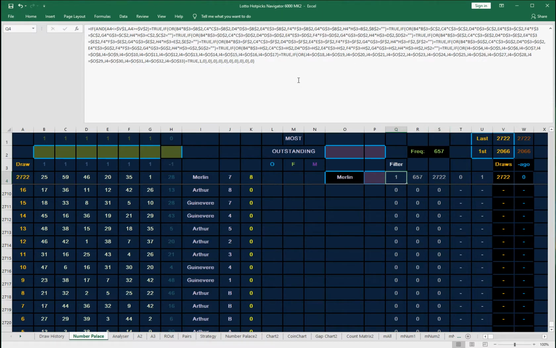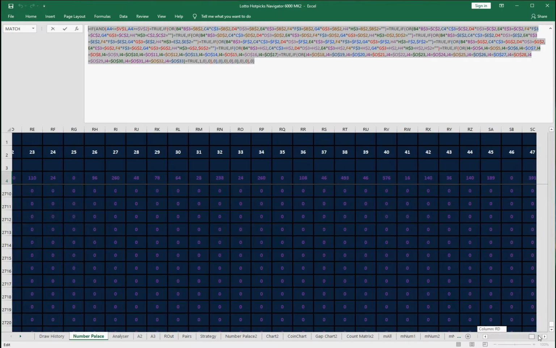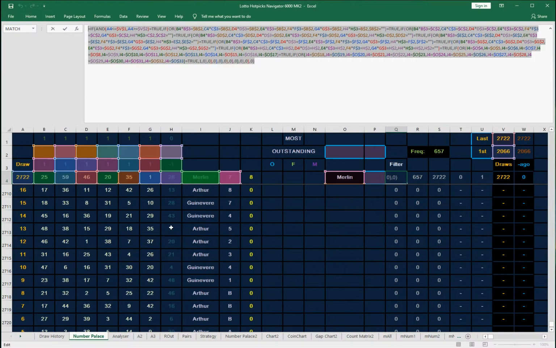See, this is the formula for the filter, and what the filter does is it looks at the draw number, each number in each column, the machine, the ball set, and it also looks at things such as whether or not these numbers are included in the search.